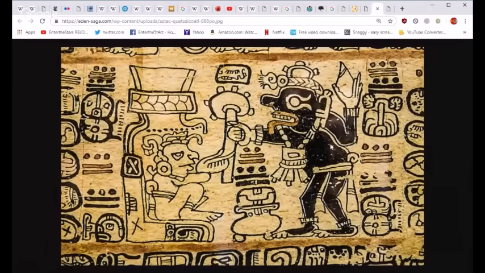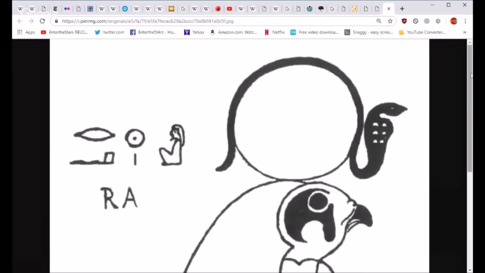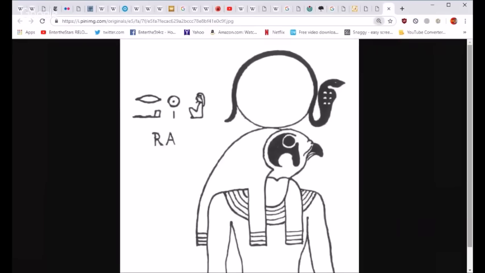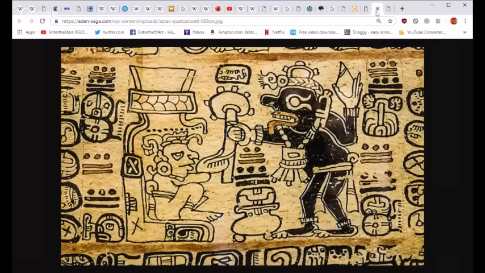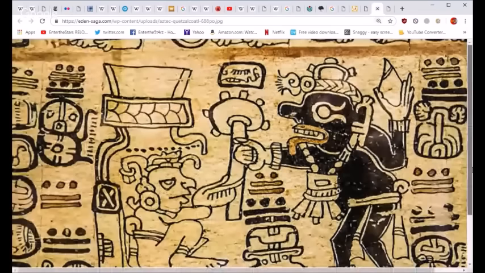And you also see, more importantly, these images of Ra with this circle with a serpent on the front of it. And just to compare, here are images of Ra. He's got this circle, which is supposed to be the sun, with the serpent in the front, right? And when you compare that to these images of ancient Quetzalcoatl, they're almost the same.